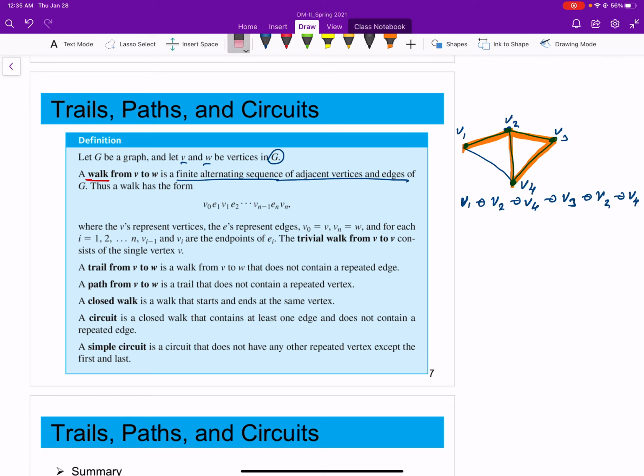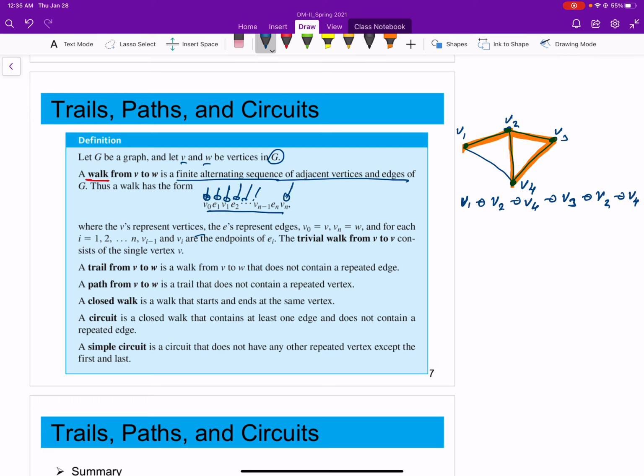All right, so let me read the rest. Here, this is the general form of a walk. It has the starting vertex, next edge to be crossed, vertex, edge, like that. All right. Then it ends at a vertex. Where V's represent vertices and E's represent edges.